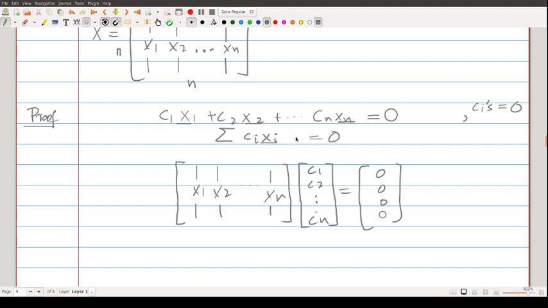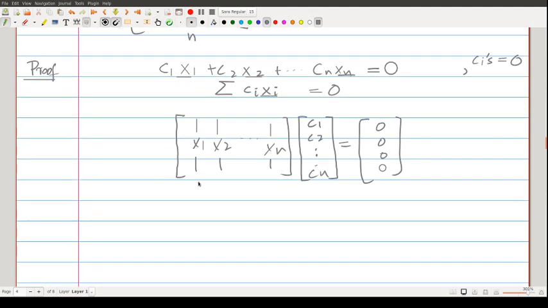you see that this equation actually becomes a matrix vector equation. So let's call this matrix X, C and 0, and so we have Xc equals 0, which is a homogeneous system.